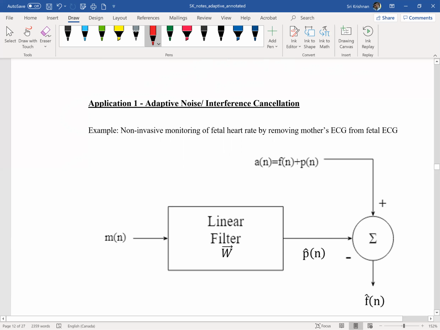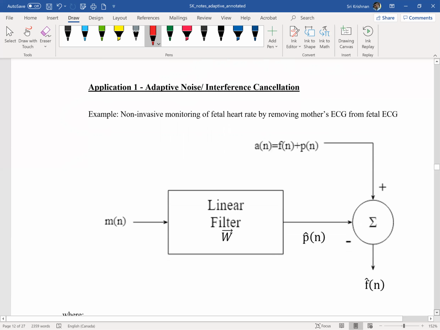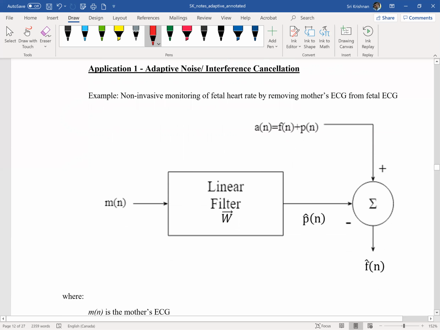And one good example is adaptive noise cancellation, in which the mother's ECG would be removed from the fetal ECG to monitor the heart rate in real time, when the baby is in the mother's tummy. So the configuration of this filtering technique would look like this.